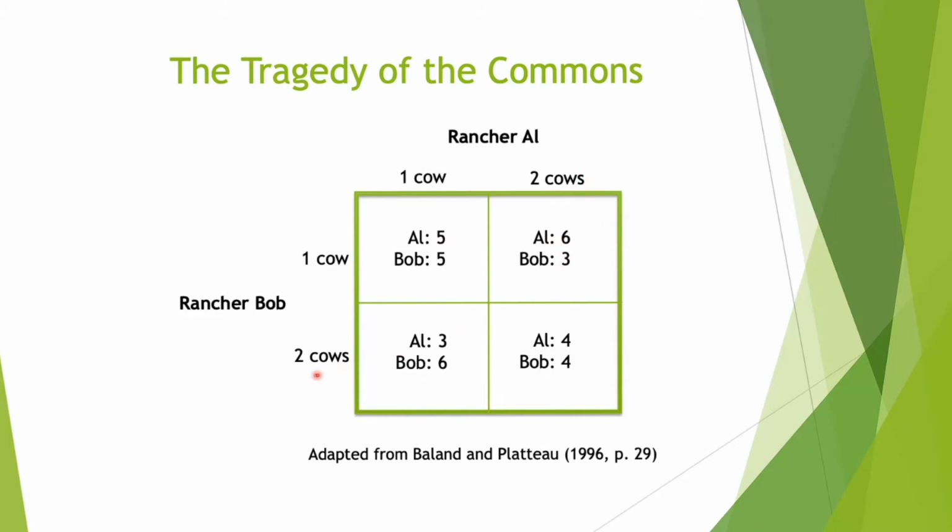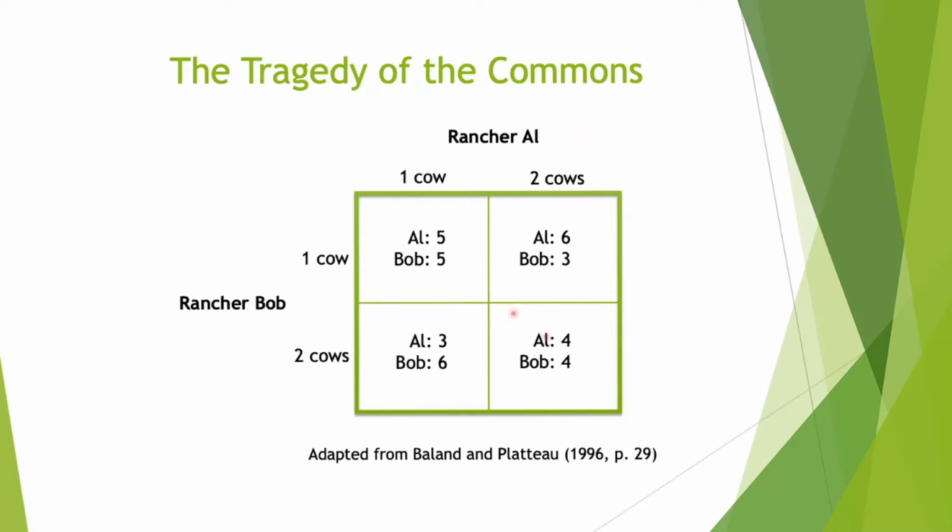If Bob is going to choose 2 cows to graze in the pasture, then Al's choice is either 3 pounds or 4 pounds, and he's going to choose, again, 2 cows onto this pasture. So Al is, in either case, going to choose to put 2 cows out to graze.